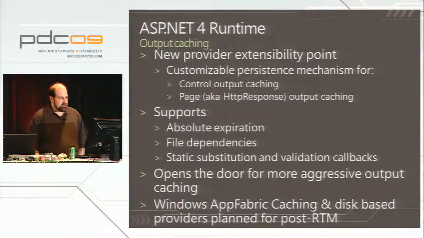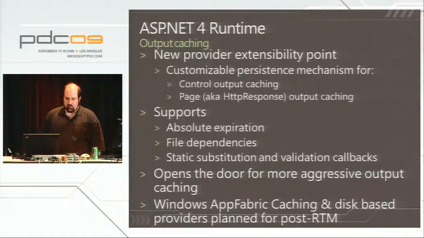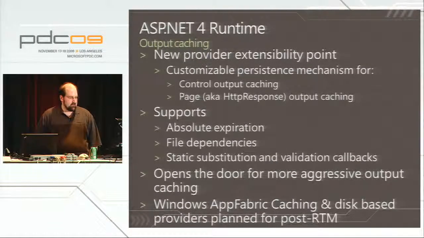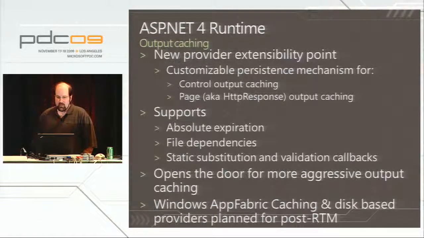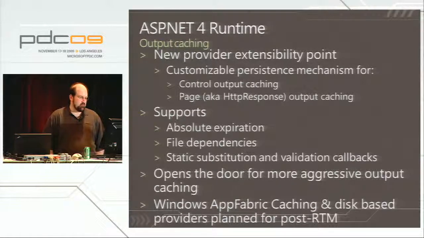So today what we've got specifically for this feature in the framework, we have the extensibility point. We now do have both, it used to be called Velocity, now called Windows App Fabric caching. So we do have a prototype of that. We also have a prototype of a disk-based provider.